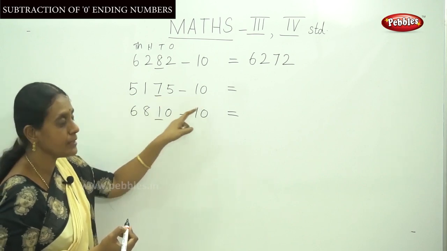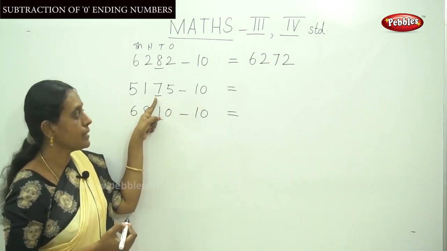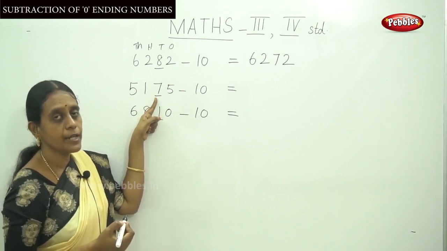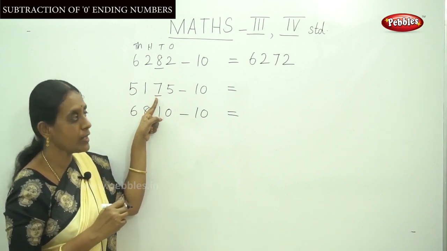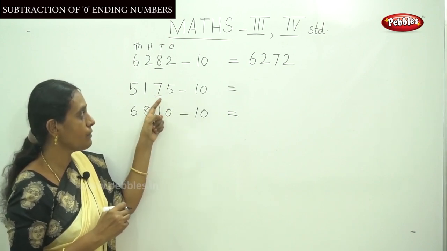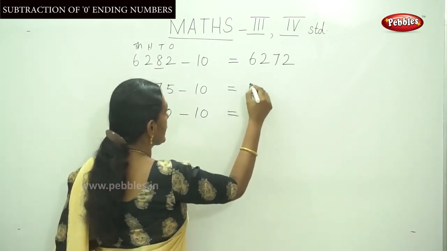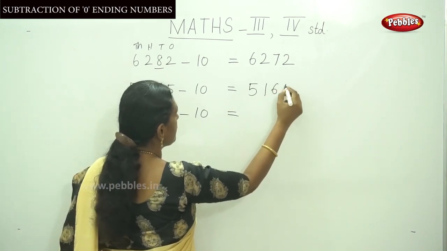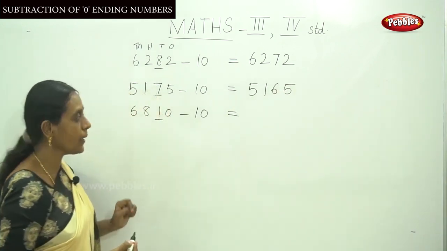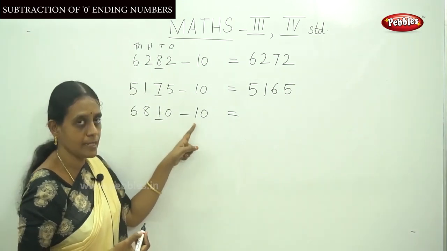Okay, and 5175 minus 10. You should focus on the tens place number, that is 7. Because of this minus 10, you should write the before number, that is 6. So the answer will be 5165. Okay, and 6810 minus 10.